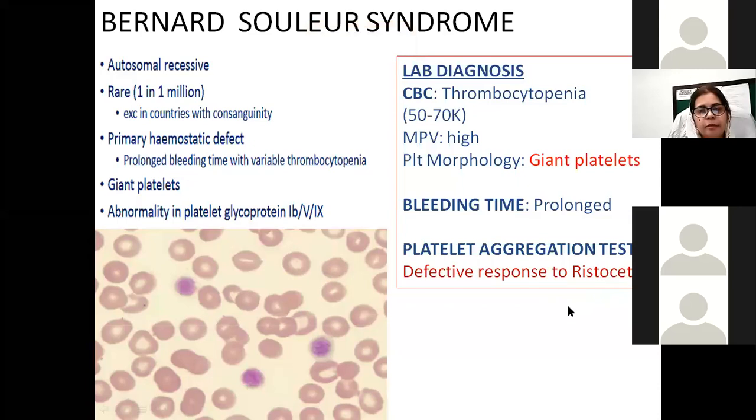Ristocetin is basically an agent which activates the combination of glycoprotein 1B9 receptor and von Willebrand factor. If this receptor is deficient, then ristocetin will not be able to perform its function, and the platelet aggregation test will show defective response to ristocetin.